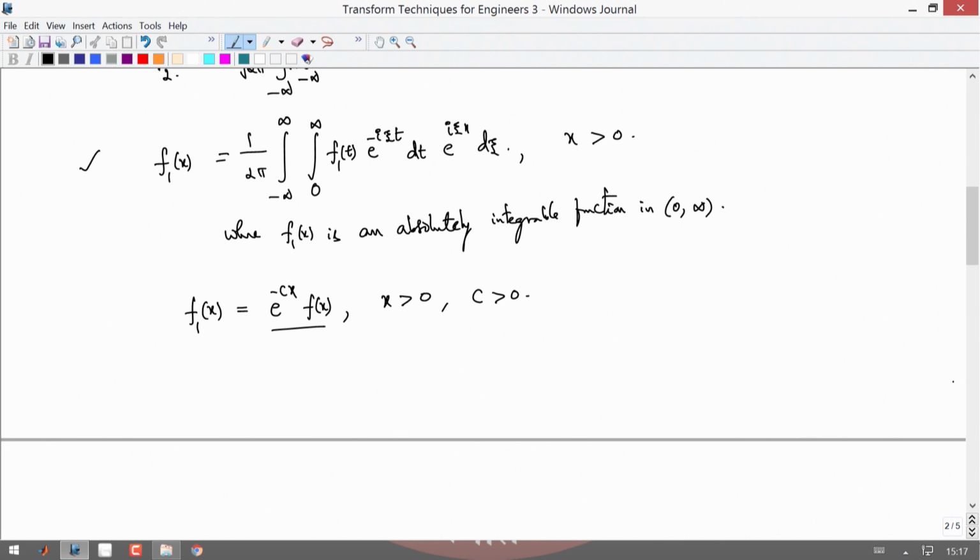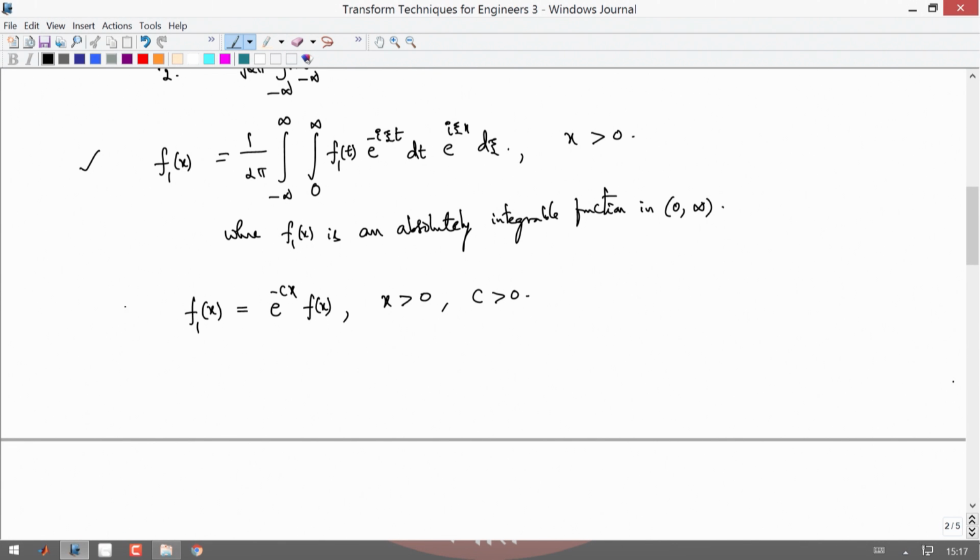Or you consider such functions f for which the product of e power minus c x with such f of x together, assume that it is absolutely integrable.